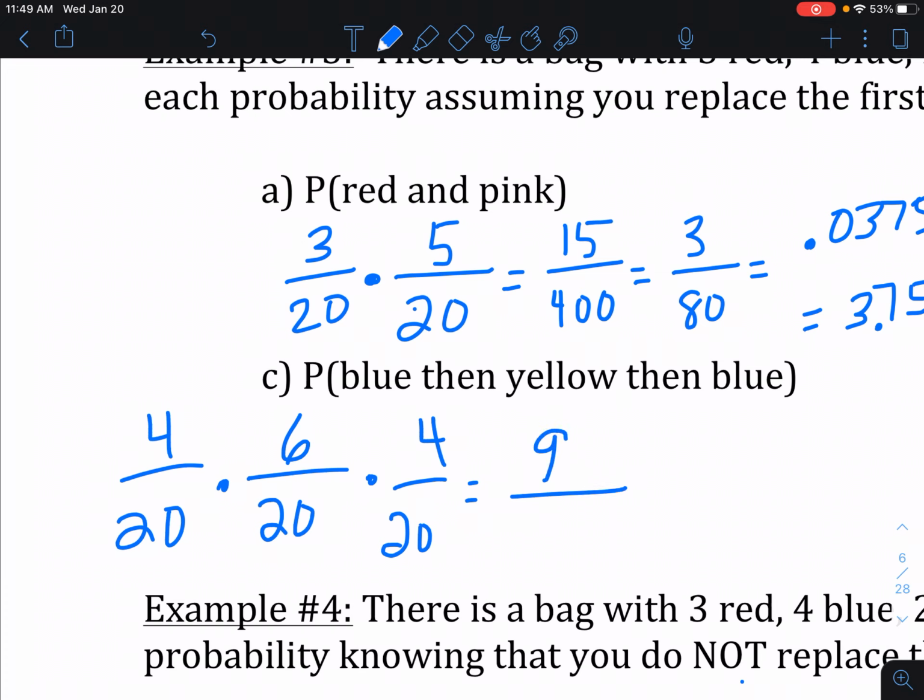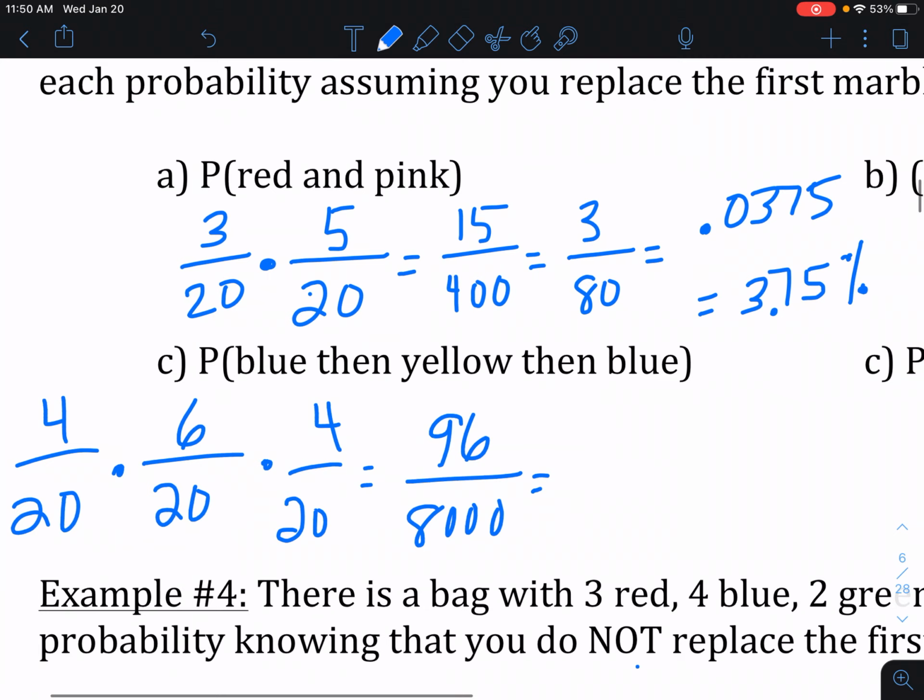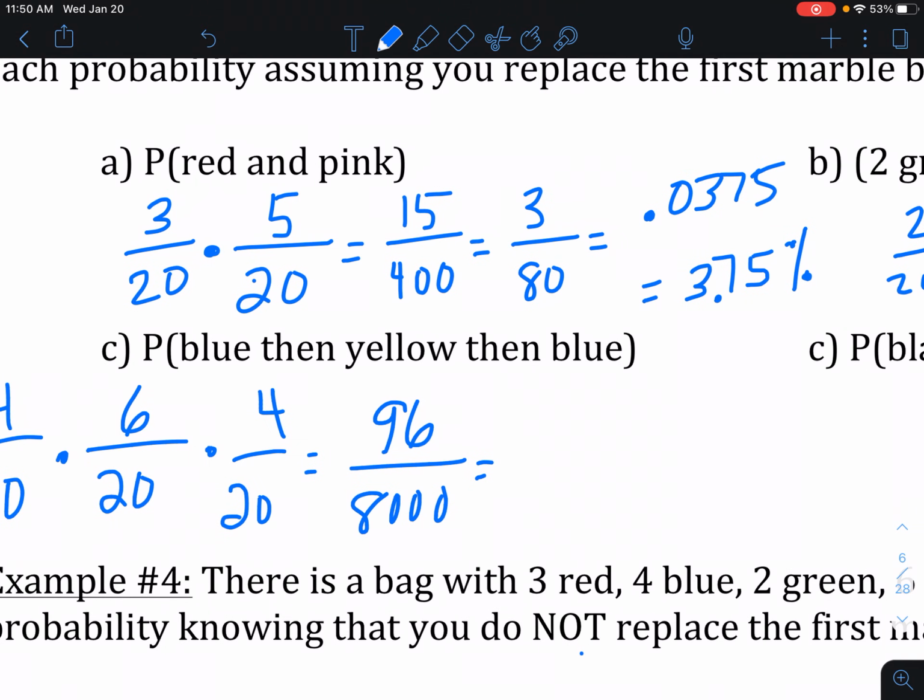That would be 96 over 8,000. We can reduce this to 3 out of 250. And then we convert it to a decimal. That'll be 0.012. And then convert to a percent, 1.2%.